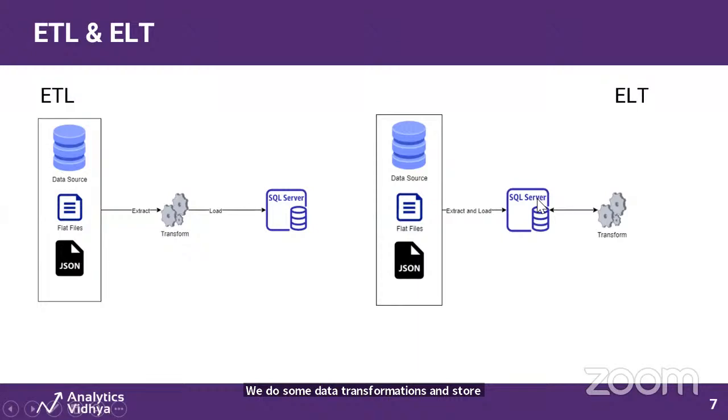So here we will have some staging area to extract and load our data into the data warehouse, and then do some transformations and put it in our final, usage, or publish layer. So this is the basic or fundamental difference. What is important here is that we need good in-memory operation capacity to do extraction and the transformations in the tool.